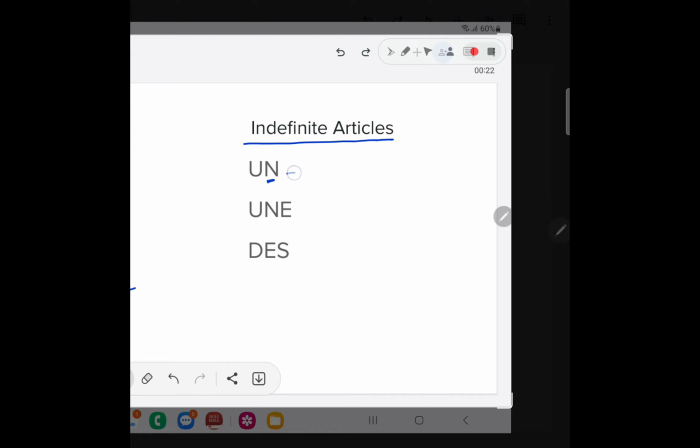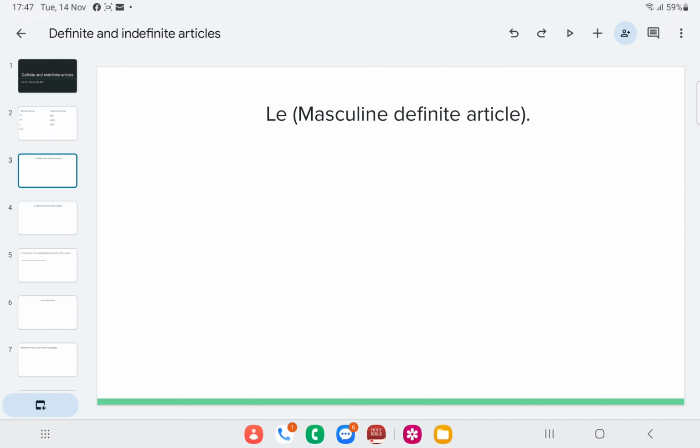First one here, un, is masculine. Second one, une, is feminine. And as we proceed further, we are going to see examples that will help you to understand these concepts more. Now, starting with the definite article le.